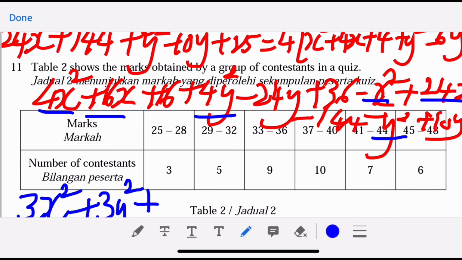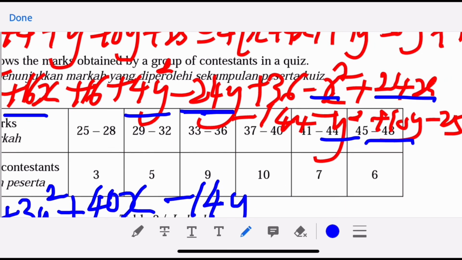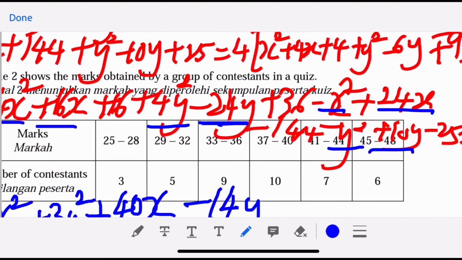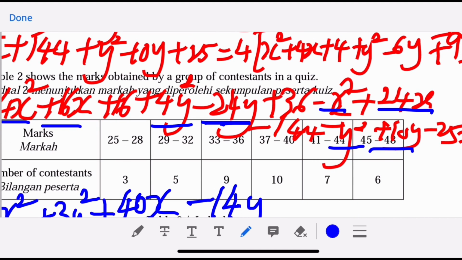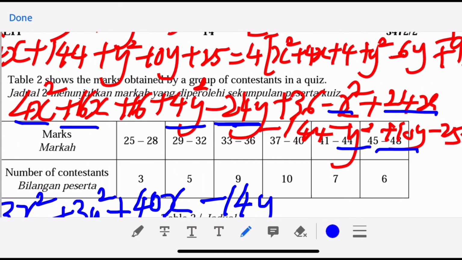Double check; you can use a calculator to double confirm. Then for the y, I have minus 24y and the other one, so I have to simplify the y. Minus 24 plus 10, so it will be minus 14y.